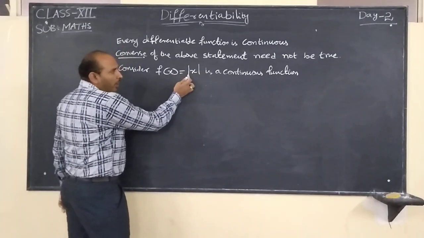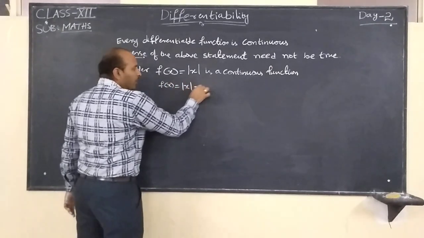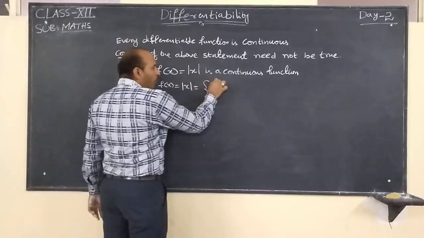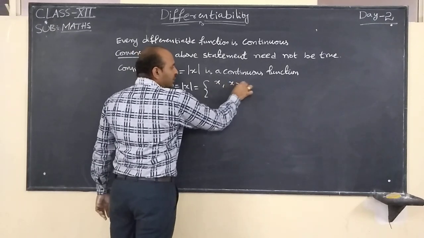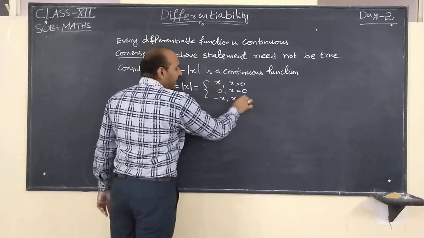According to the modulus function, f of x equals mod x equals x when x is greater than 0, 0 when x is equal to 0, and minus x when x is less than 0.